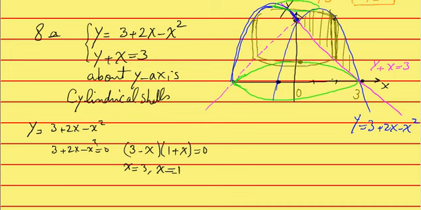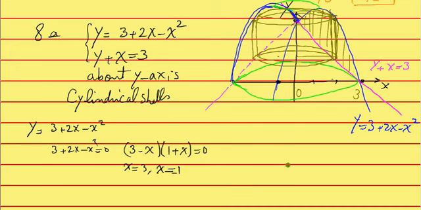It creates a cylindrical shell here. What's the volume of a cylindrical shell? We said take the circumference times the height times the width of it.